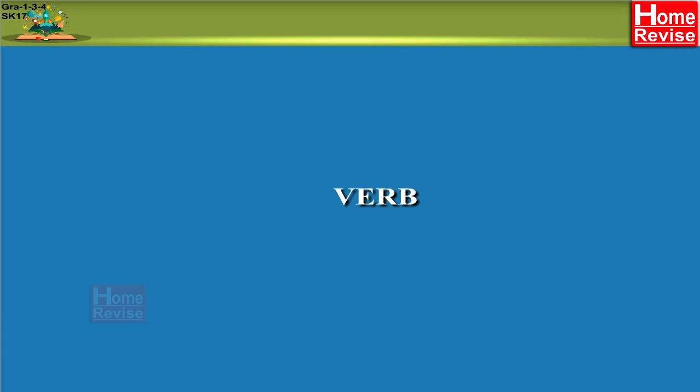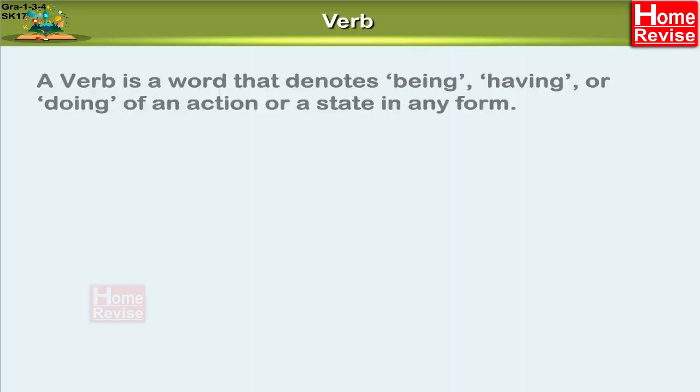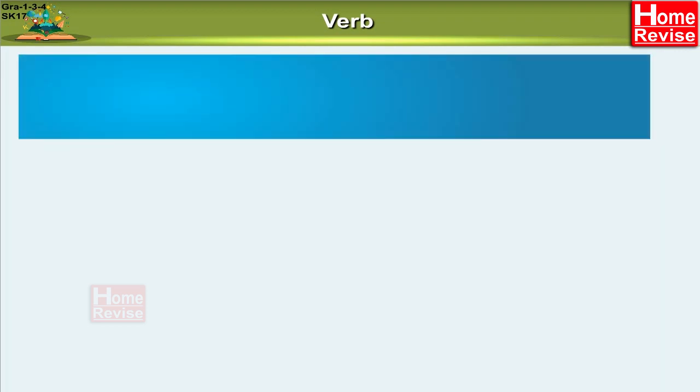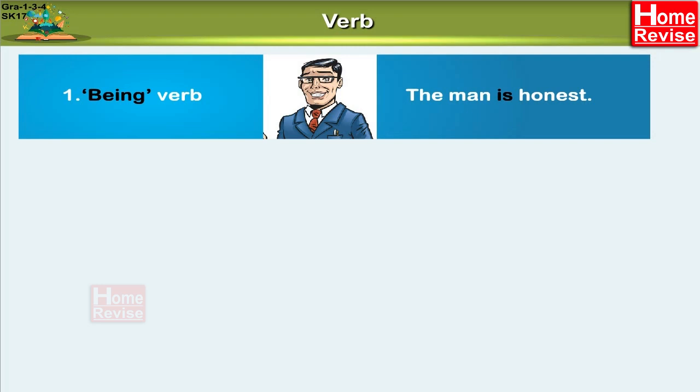Another part of speech is the verb. A verb is a word that denotes being, having, or doing of an action or a state in any form. Now these verbs are of 4 types. First, being verb. For example, the man is honest.